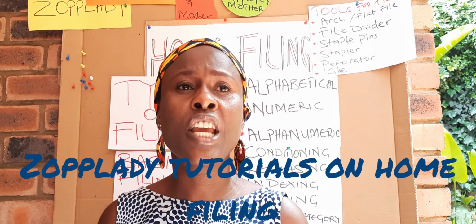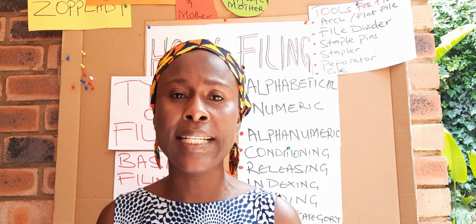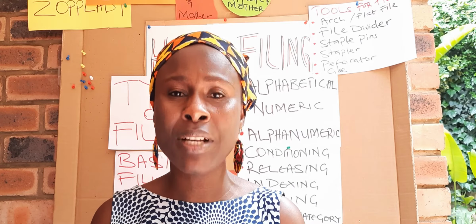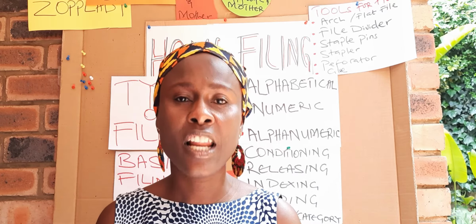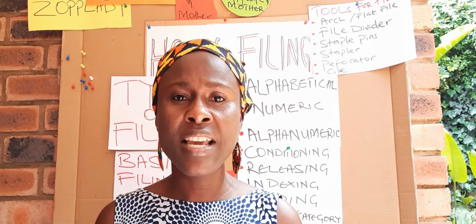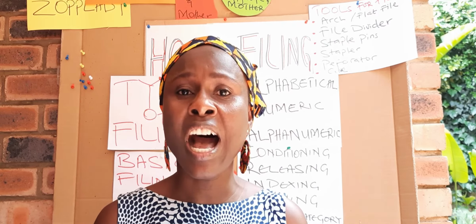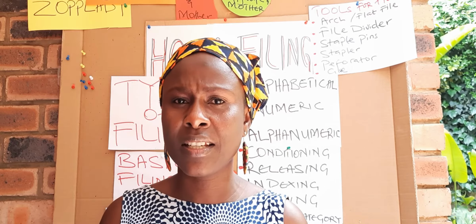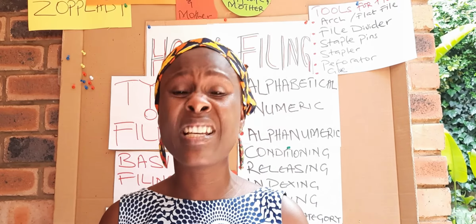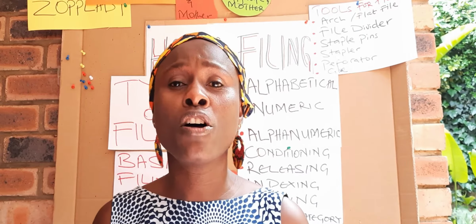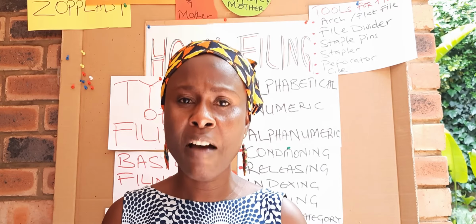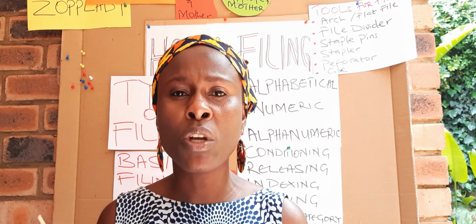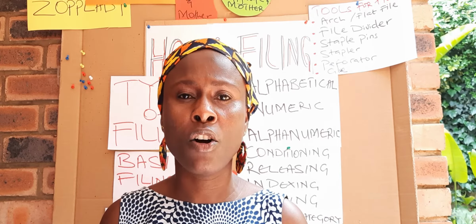So for instance, if you have a file dedicated to utilities, you name electricity, water, telephone bill, garbage. All these things have alphabets starting with them. So electricity will definitely come first, then garbage second, and then telephone bill third. This is what we mean by alphabetical order.